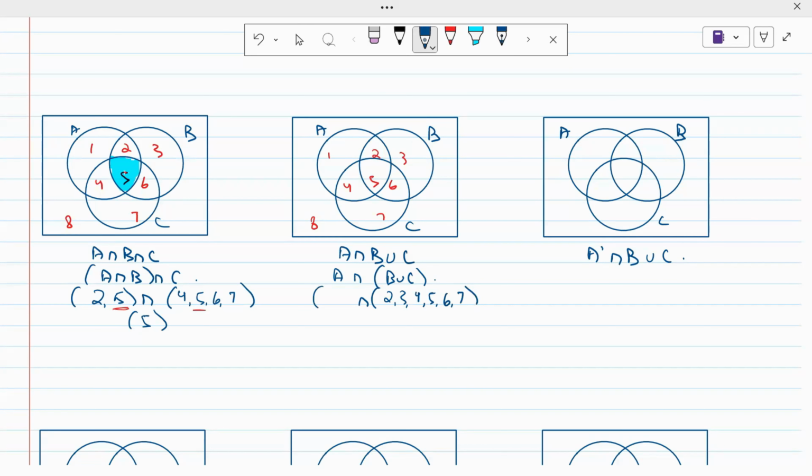Intersection with A. A we have is 1, 2, 4, 5. Finally, the intersection, the common part, is 2, 4, and 5.